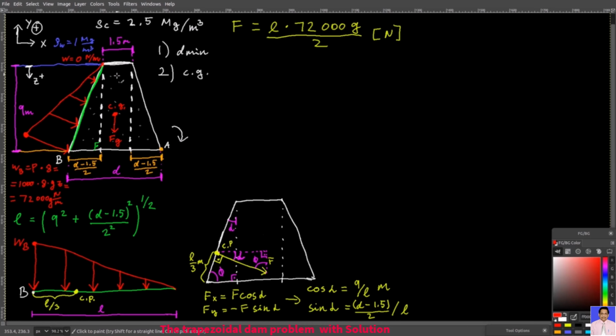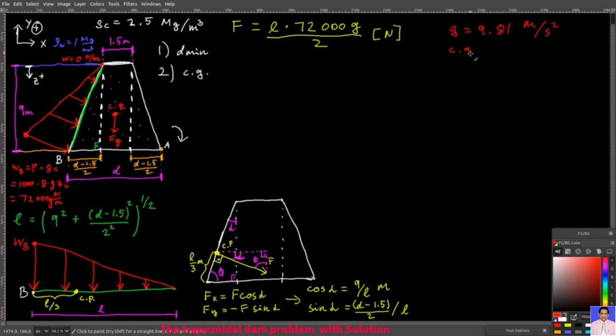Since the dam is symmetric about the vertical axis and the density of the concrete in the dam is assumed to be constant, so it's 2.5 megagrams per cube meter, and we also assume that our gravitational acceleration g is constant, 9.81 meters per second squared.